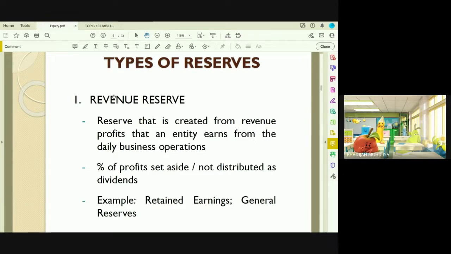If you pay out part of the profits in the form of dividends, that will be taken out from the retained earnings. If not, it will be retained as a reserve. That's why it's called retained earnings. For example, you have the retained earnings and the general reserve.